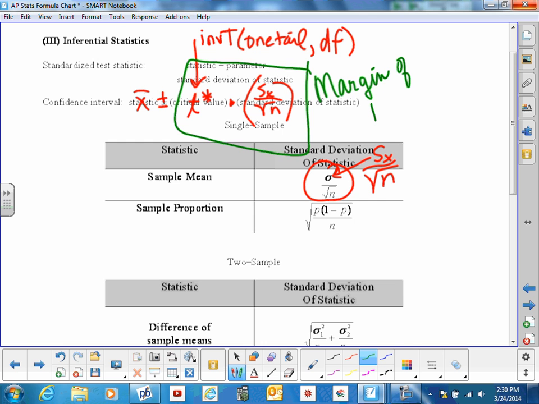So, let's talk about that for a second. If you don't have X bar, you mean as far as estimating the sample size on this one? That's a good point.